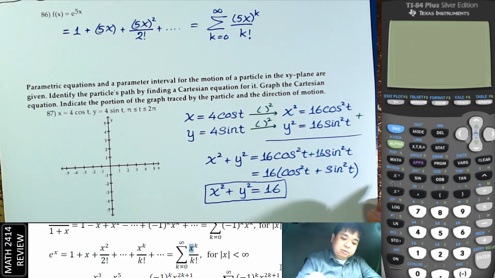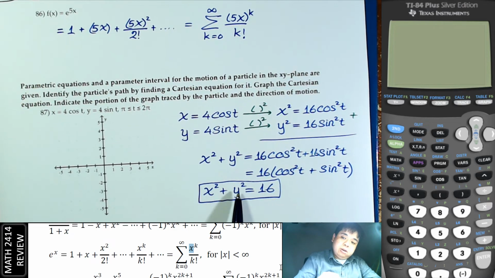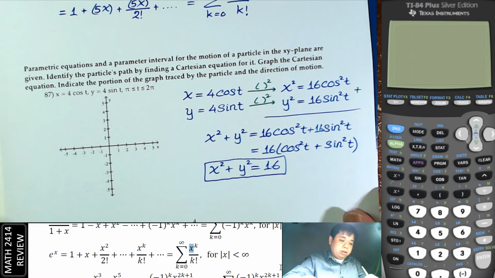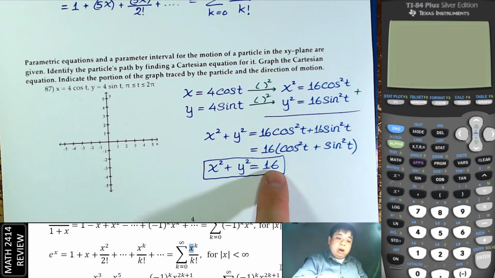Center at 0, 0, which is the origin. And the radius is the square root of that, which is 4.